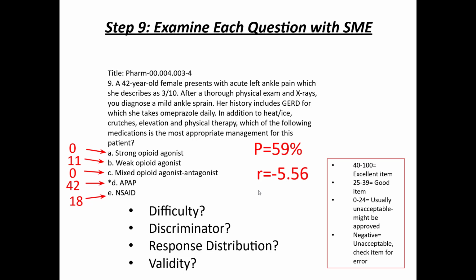Does that make sense? If I got it correct, then I got my 1 point. If I got it correct and you threw it out, that makes every other question that I missed worth more than 1 point. So I'm getting penalized.